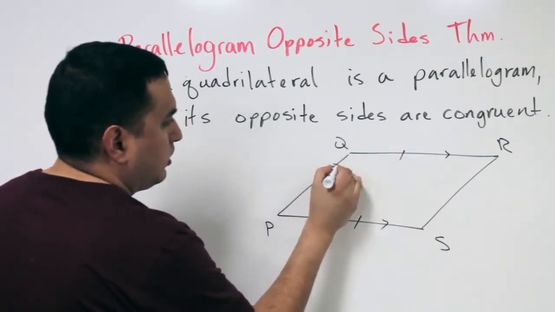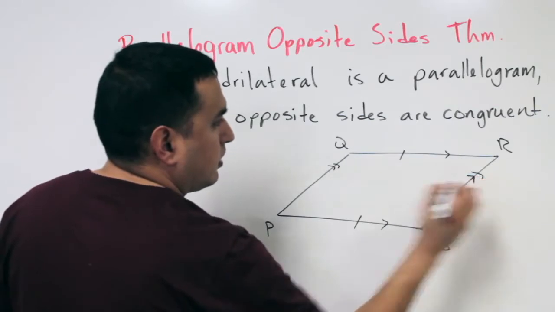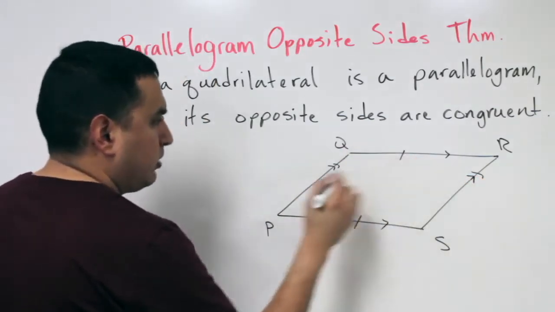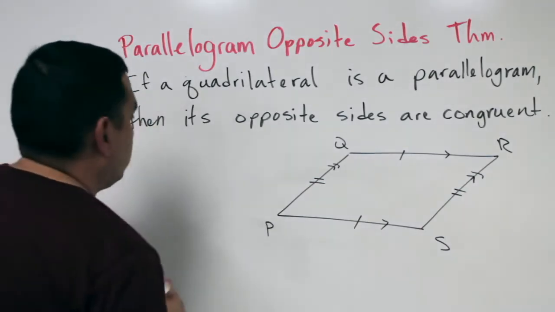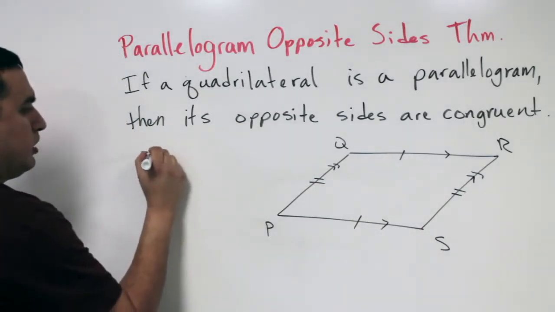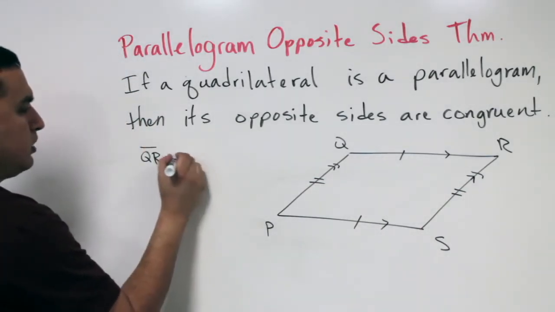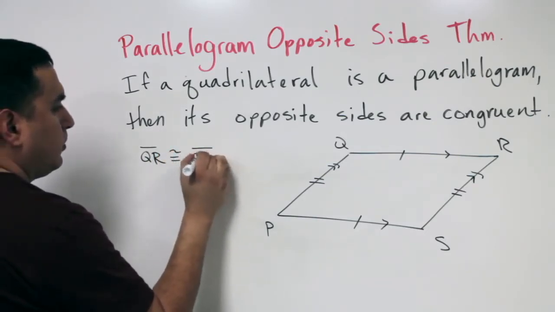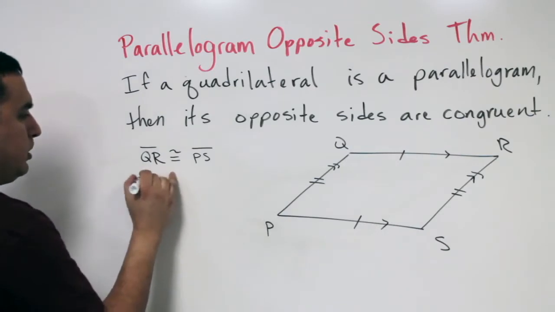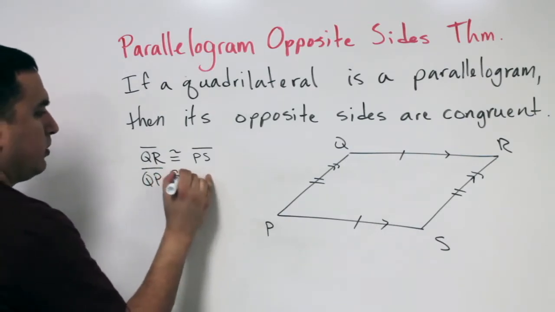And the two slanted sides that are parallel would also be congruent. Okay, so I would know that segment QR is congruent to segment PS, and segment QP would be congruent to segment RS.